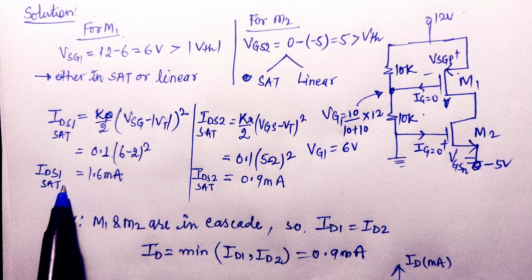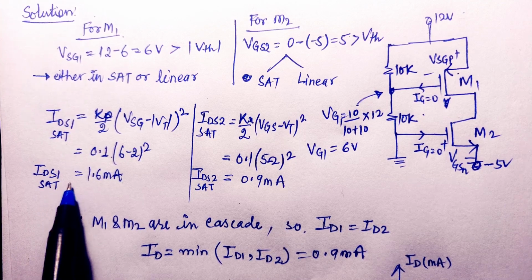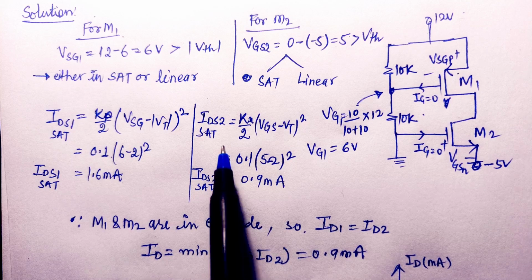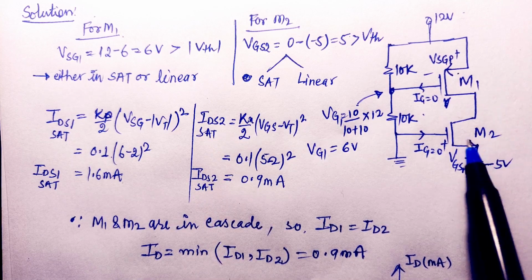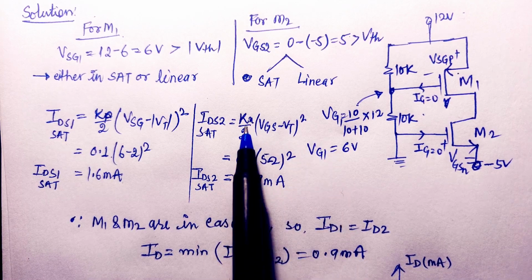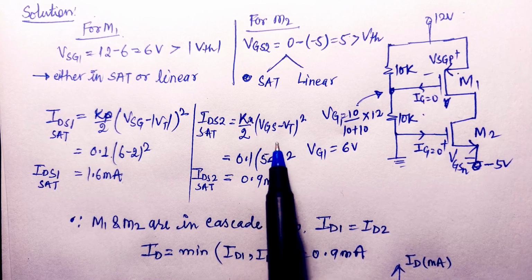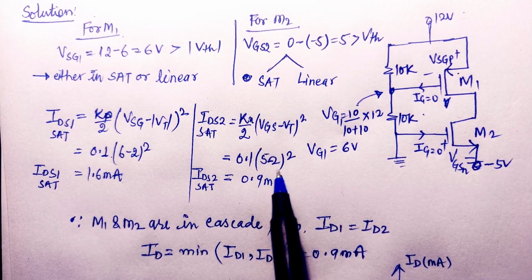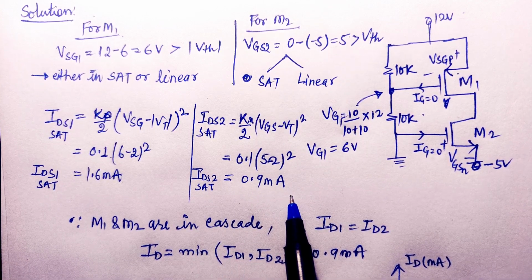If we see this IDS2 current, by assuming that M2 is working in saturation region and putting the values given in the question, that is Kn by 2 equal to 0.1, VGS we have calculated 5 volt minus Vt equal to 2, then its value will be equal to 0.9 milliampere.